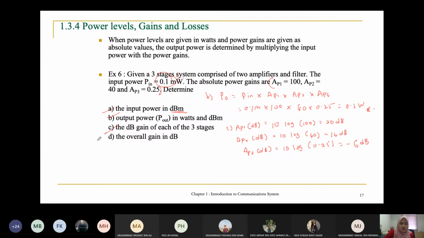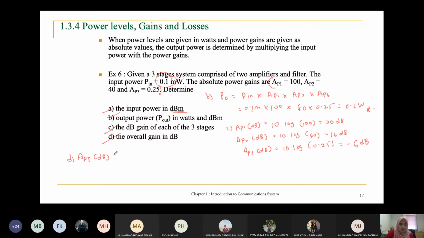Okay, so now let's proceed to the last question. Find the overall gain in dB. The overall gain is actually the total gain. So you have three gains over here, and you need to find the total gain. I name this APT, which is AP total, in decibel.